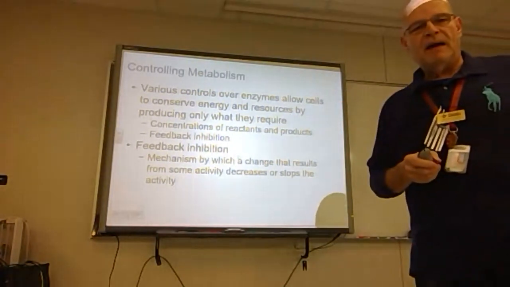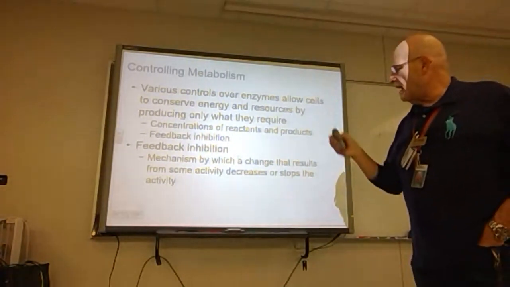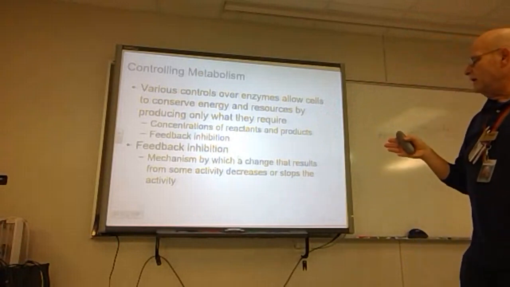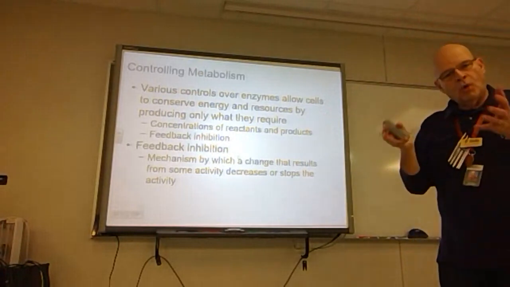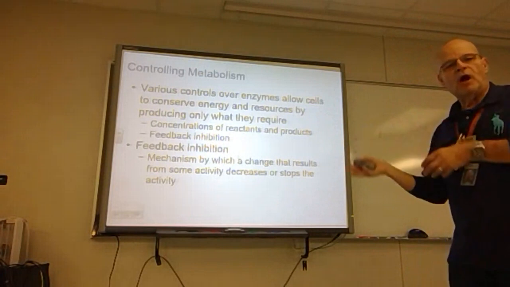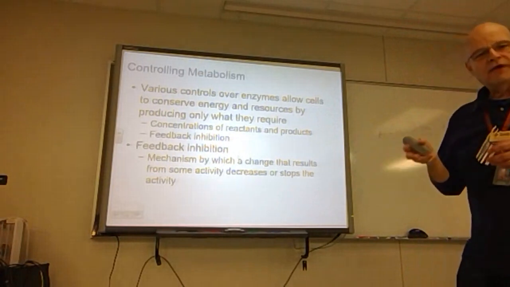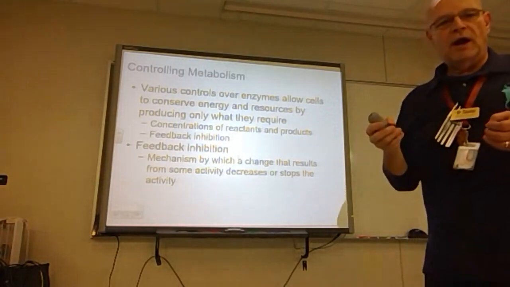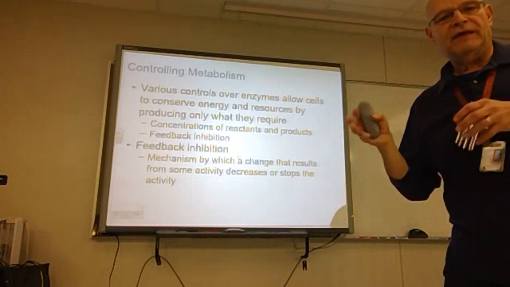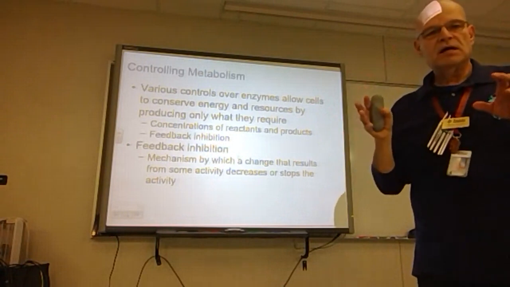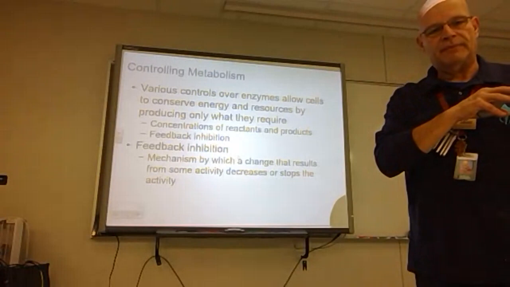There's also something called feedback inhibition. In feedback inhibition, the control is actually based on the product. There are types of feedback inhibition where if you've got enough of the product, the excess of the product stops the process from happening.